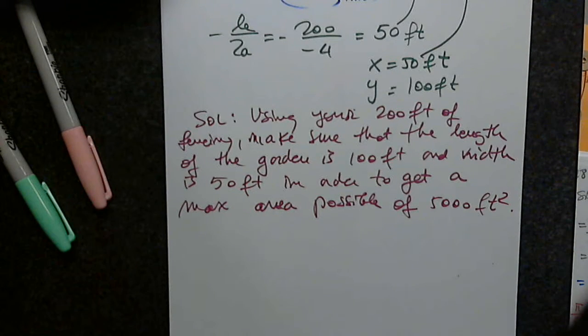So this is our recommendation to the farmer. Knowing that you only have 200 feet, that you are only fencing 3 sides, and that you want the maximum area, make sure that you measure correctly 50, 50, and 100. Because if you have 49, 49, and 102, you will not get the maximum area. Any deviation from 50, 50, and 100 will not give you the maximum area.